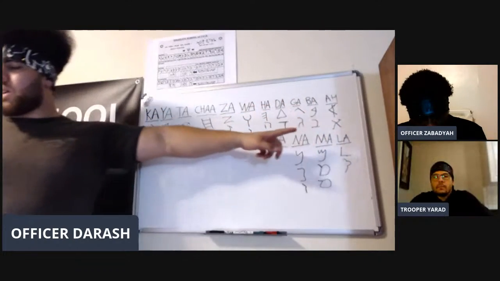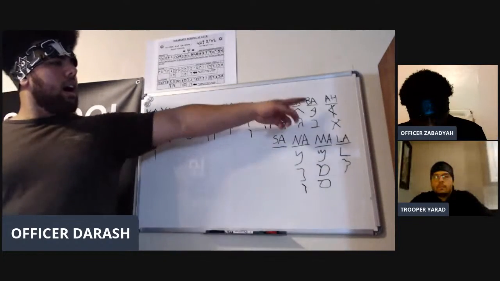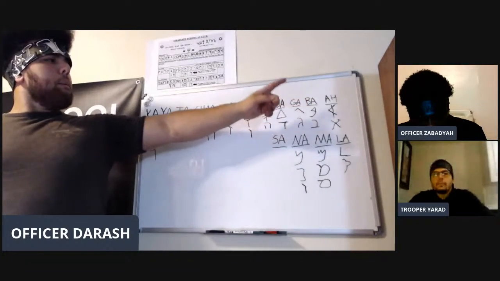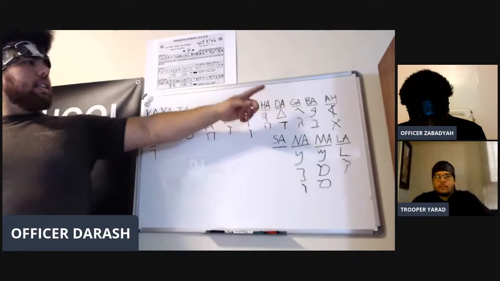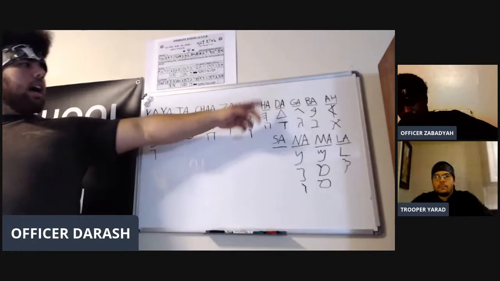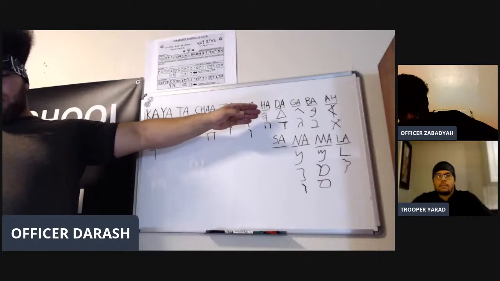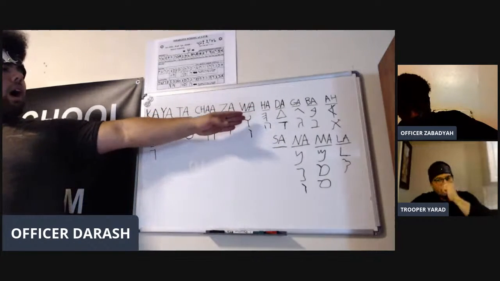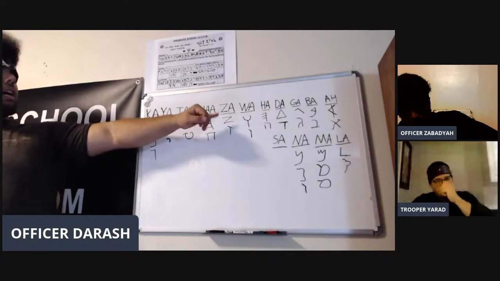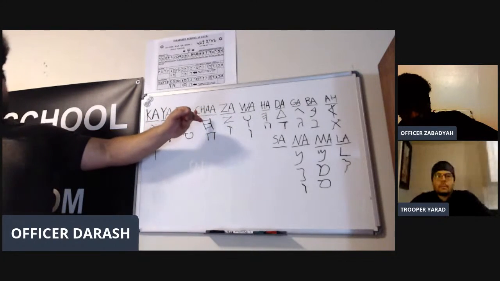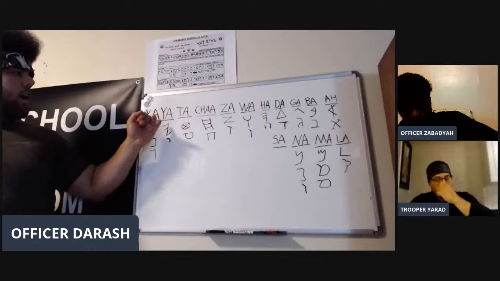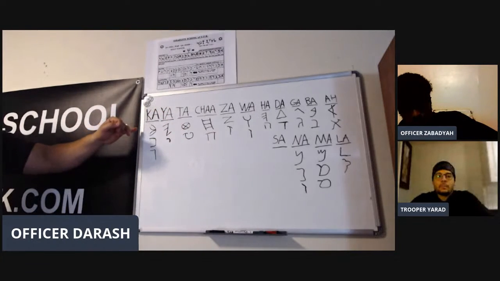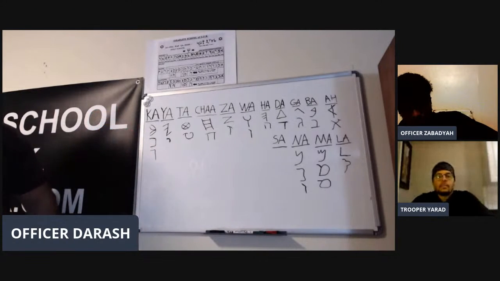For example, alap, ba is bayat, ga is gamal, da is dalat, ha is hada, wa is wawa, za is zayan, ka is kama, ta is tana, ya is yad, ka is ka, not kama.